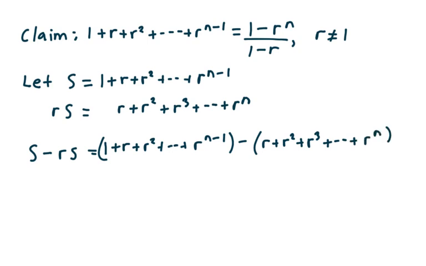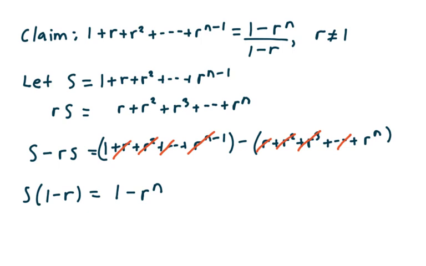But watch what happens here. Notice how the r's cancel. The r squareds cancel. R cubed will cancel the term after r squared. R to the n minus 1 will cancel the term before r to the n. And so what we have left is the following. Factoring out the S, I get S times 1 minus r is equal to 1 minus r to the n.